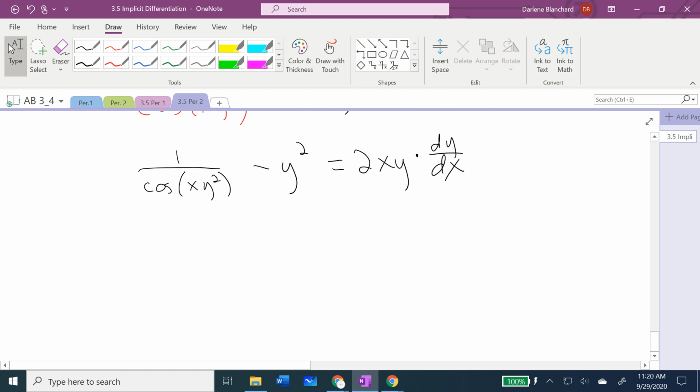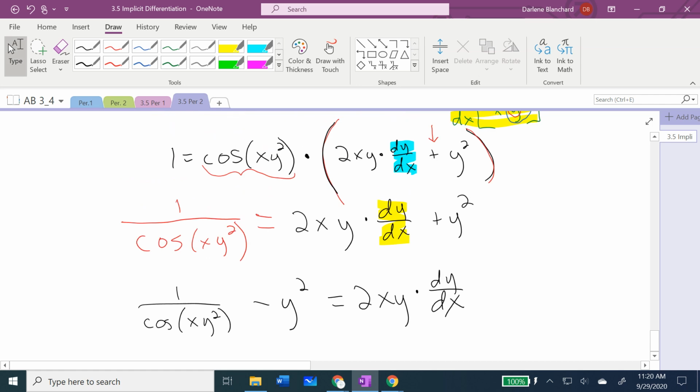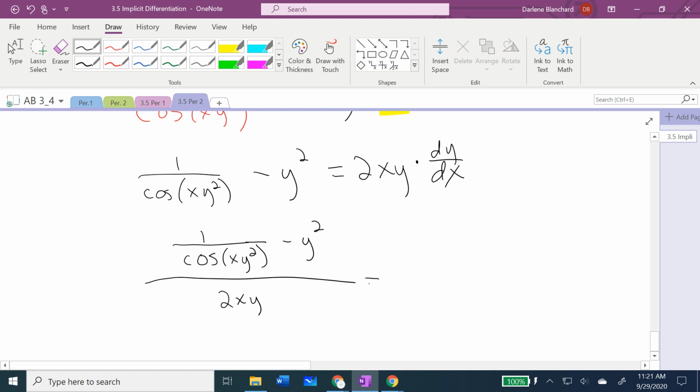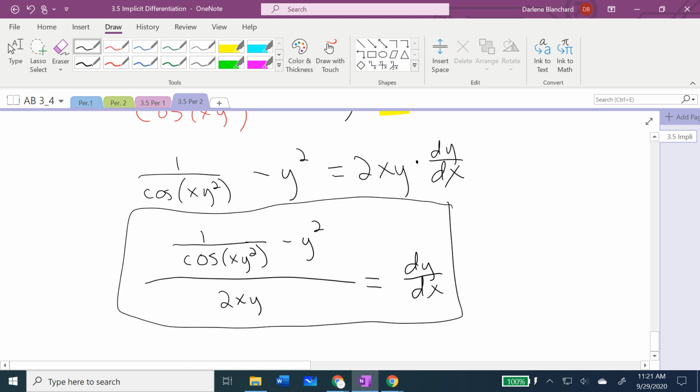And maybe this is why it would have been better to distribute the multiplication of cosine of xy squared over this addition, because now I have to deal with a fraction and a fraction. But that does not make this incorrect. If I'm not concerned about simplification, this is a correct answer.